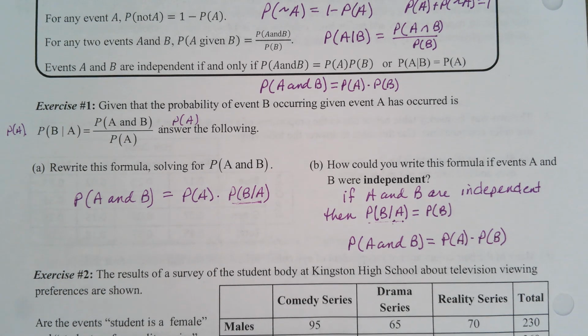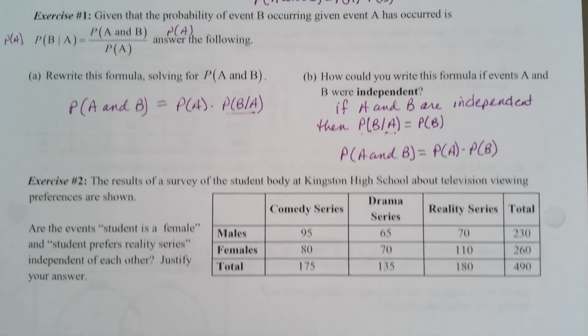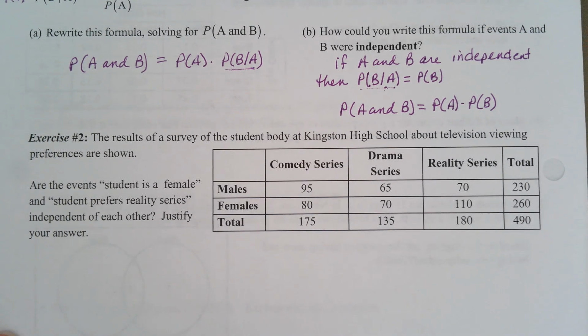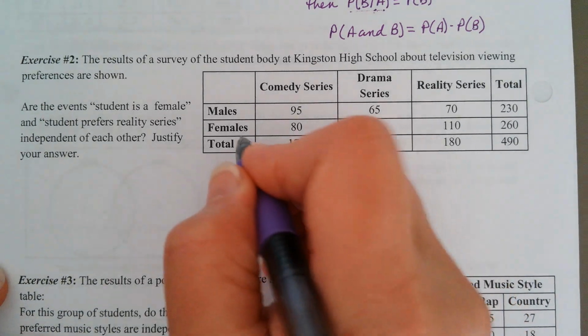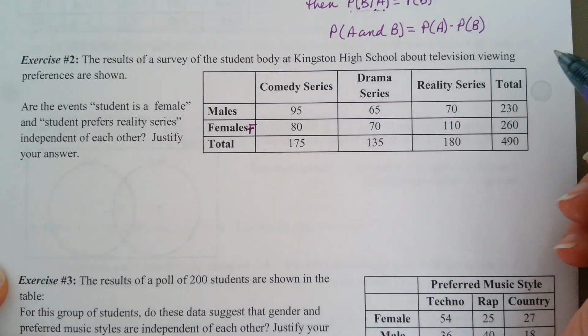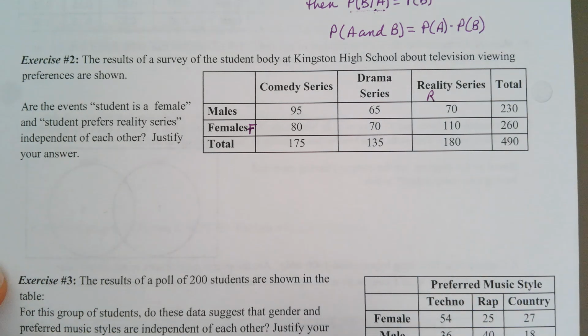Exercise 2: the results of a survey of the student body at Kingston High School about television viewing preferences are shown. Are the events "student is a female" and "student prefers reality series" independent of each other? I'll use R for reality series.